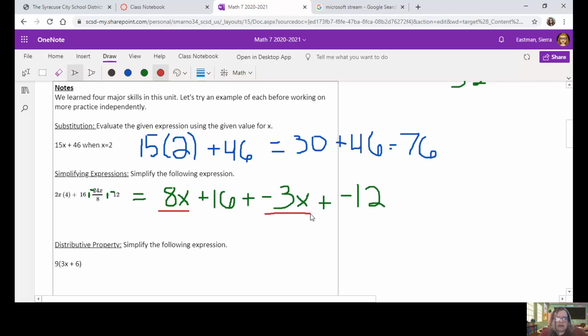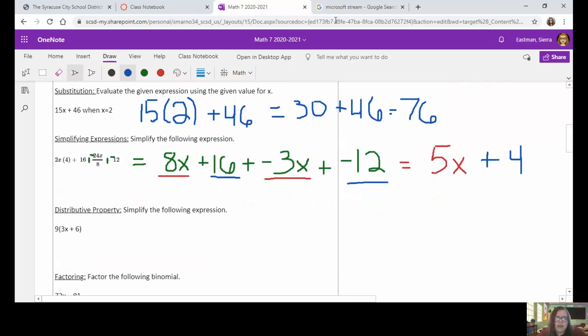I have an 8x and a negative 3x, which is going to give me a positive 5x. And then I have a 16 and a negative 12, which is going to give me a positive 4. And we have simplified that as much as we can, because now these are unlike terms and cannot be combined.